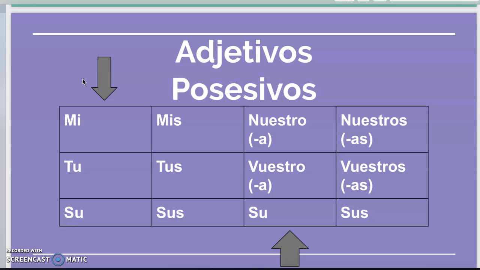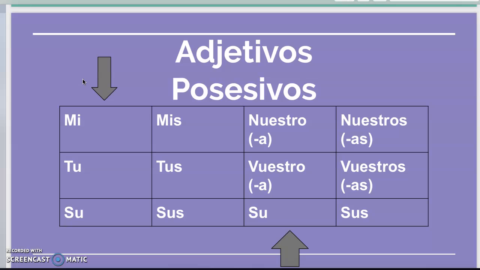So let's review. Everything I see on the screen is a possessive adjective. What does a possessive adjective mean? It means that I own or possess some object, or I'm indicating a relationship between me and a certain person or object. Okay, my car or my brother. In English, we only have 6 versions: my, your, his, her, our, and their. In Spanish, I have more than that.